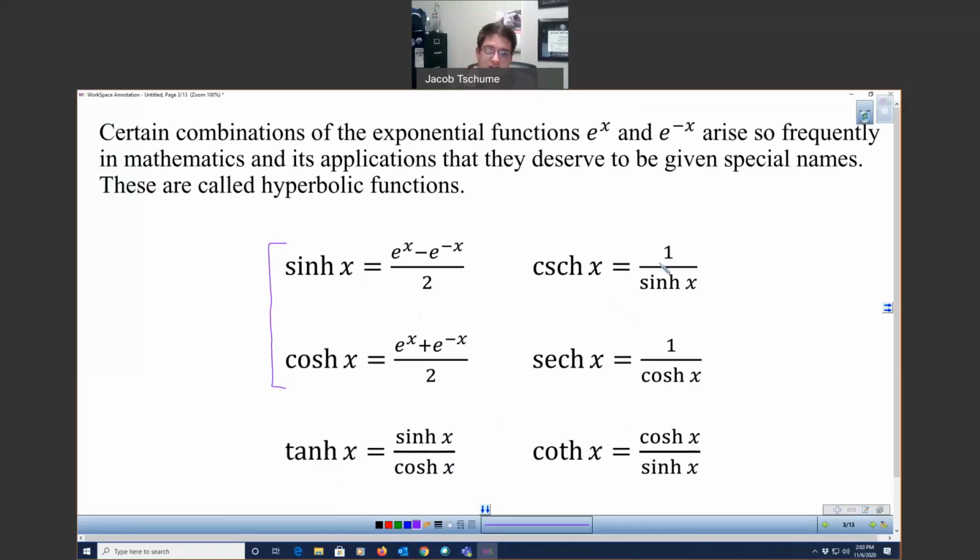Hyperbolic cosecant is 1 over hyperbolic sine. Hyperbolic secant is 1 over hyperbolic cosine. And hyperbolic cotangent is hyperbolic cosine over hyperbolic sine, which is just the reciprocal of hyperbolic tangent. So these are the 6 hyperbolic trig functions that you're going to have to know. Cosine and sine have explicit definitions. The other 4, we just use the identities.